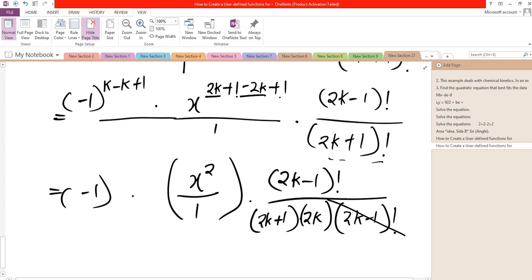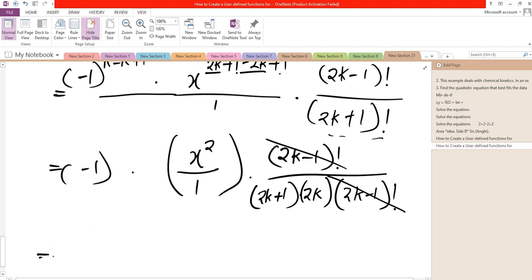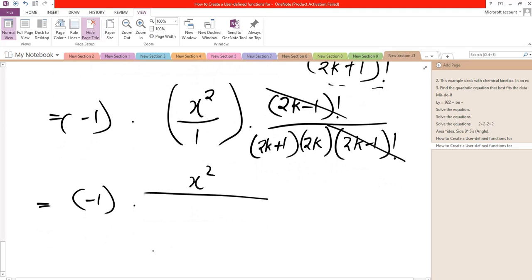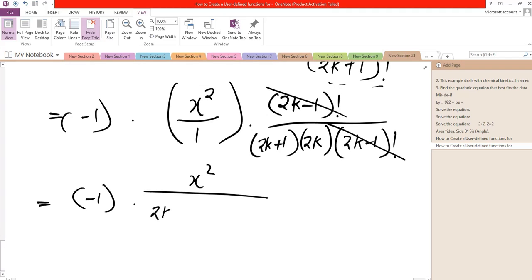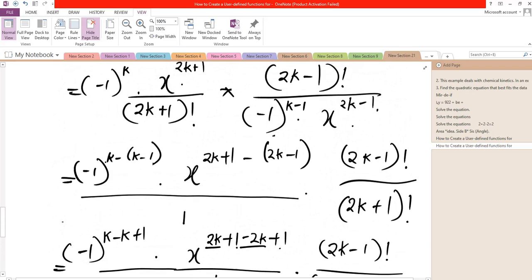So this 2k minus 1 factorial will cancel out this 2k minus 1 factorial. You are now left with minus 1 times x raised to power 2 all over 2k times 2k plus 1.